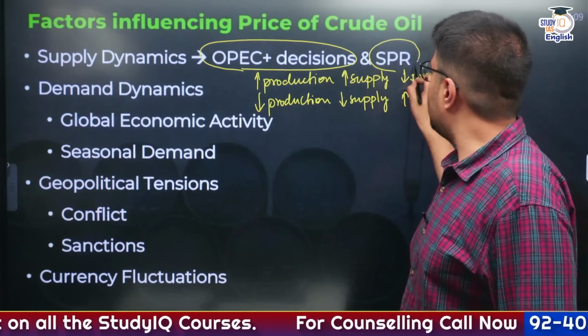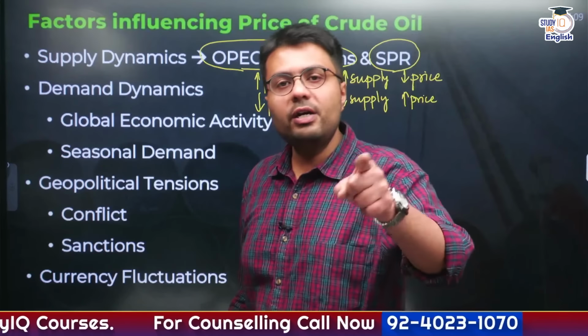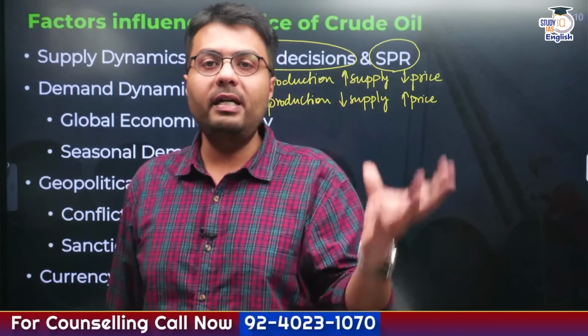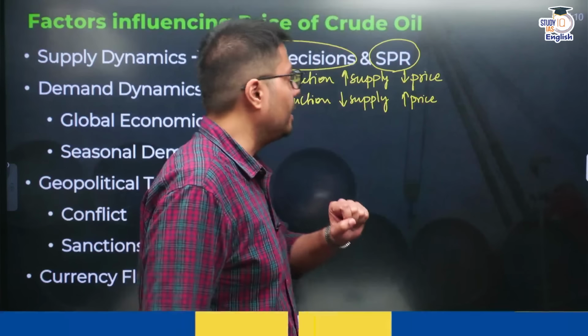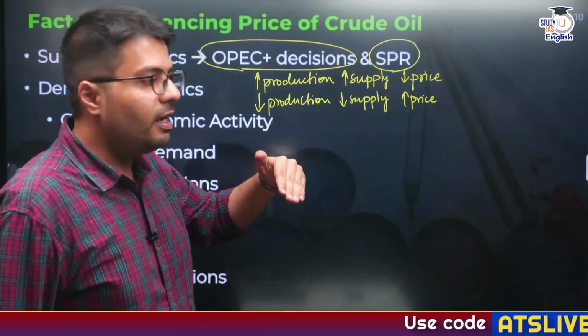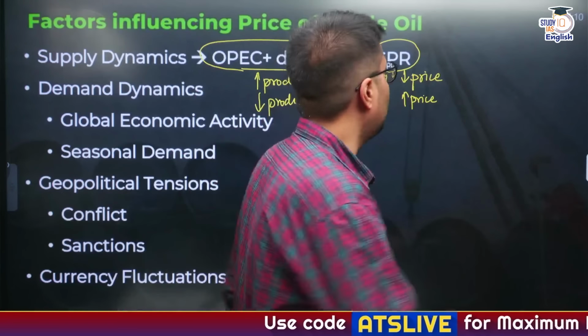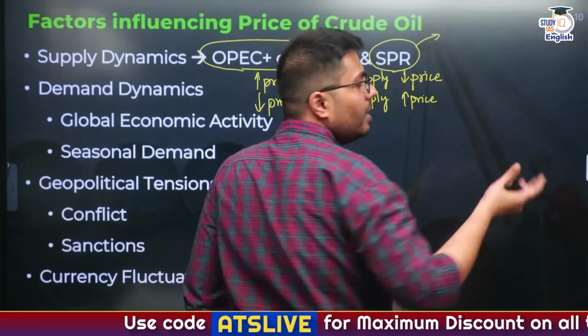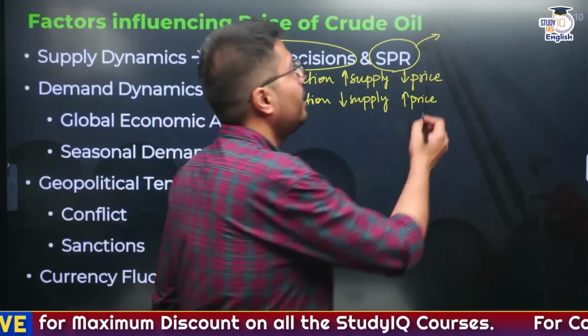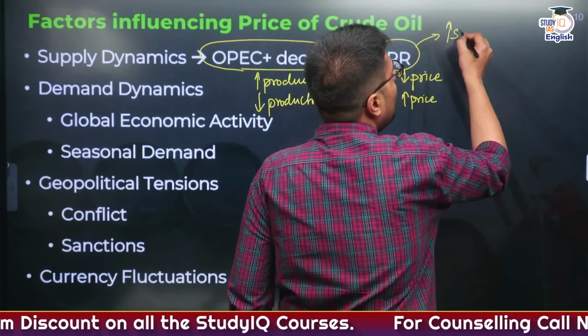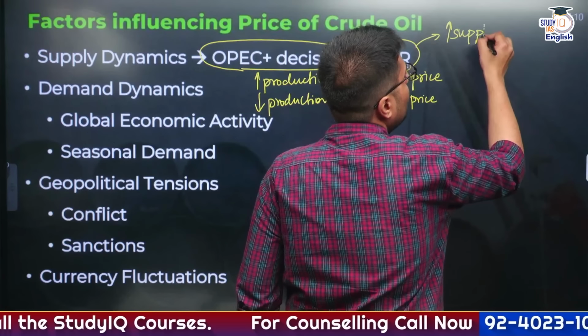Similarly, major economies in the world, including India, China and the US, maintain what is called a strategic petroleum reserve. We have done a different video on how strategic petroleum reserves are maintained. So if these countries try to liquidate their strategic petroleum reserve, or release the crude oil that they have kept in the reserve into the global markets, this would momentarily increase the supply of crude oil.